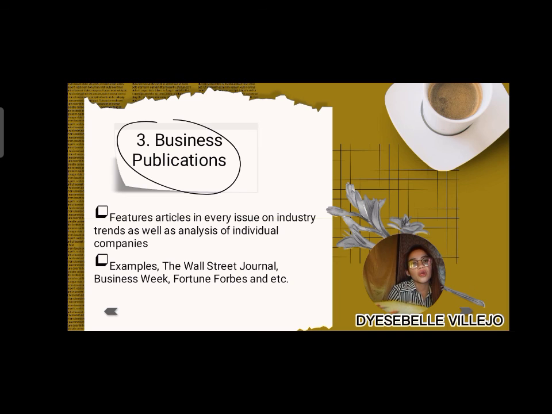So when conducting a competitor analysis, this business publication is very much helpful for the business because it will give the business the opportunity to stay ahead with unique insights and in-depth analysis on the people, company, events, and trends that shape today's economy. So the business will know what should be the best move to compete in the world of business.